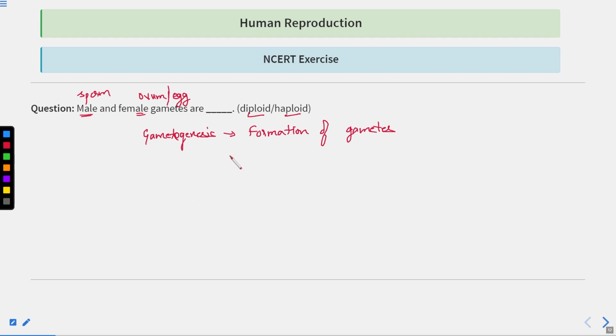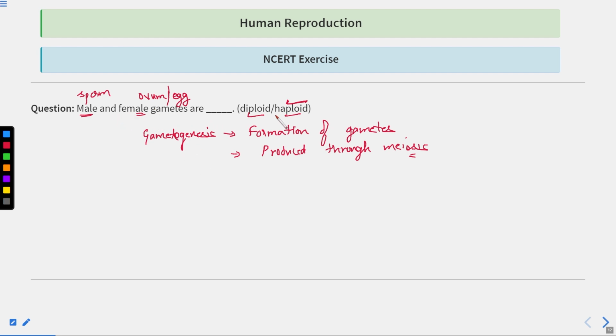So these gametes are produced through meiosis. Spermatogonia undergo meiosis to give rise to haploid sperms, and the oogonial cells also undergo meiosis to give rise to haploid egg cells, or ovum.